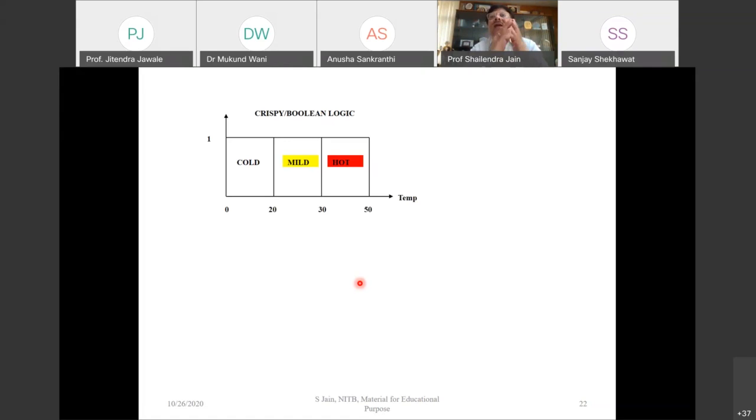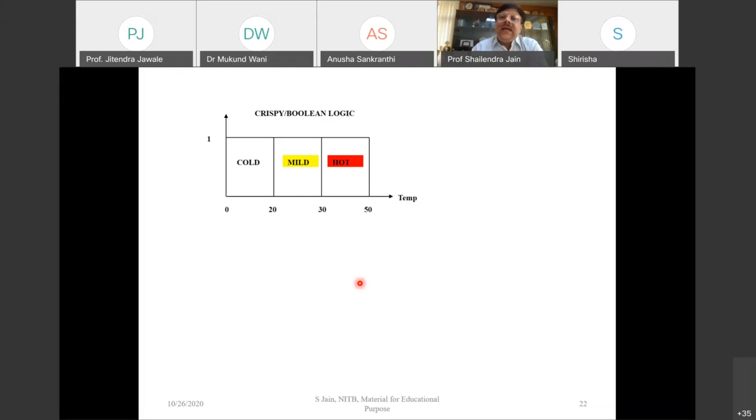So in fact, do you think there is any difference between a candidate who has scored 74.9, who is first division, and another one who scored 75, that is first division with honors? Due to lack of 0.1% marks, a student has to live an entire life with a complex: I am first division, I am not first division honors.